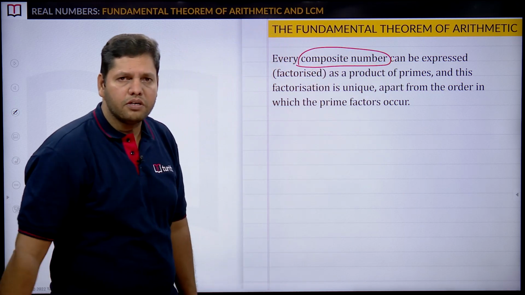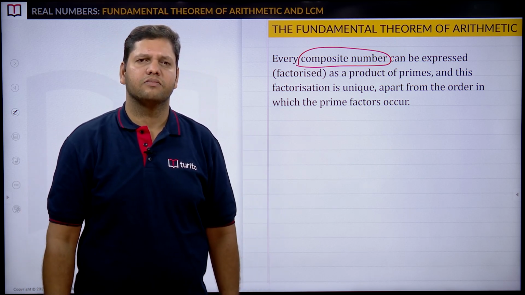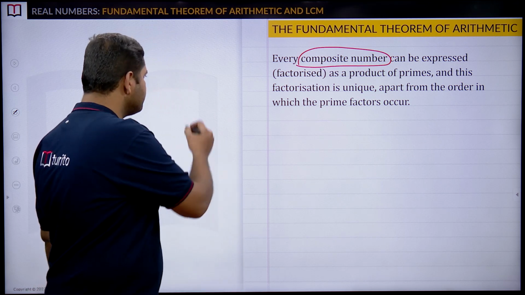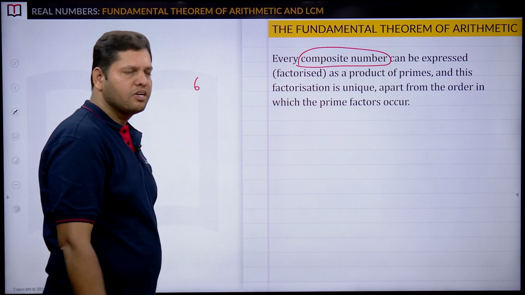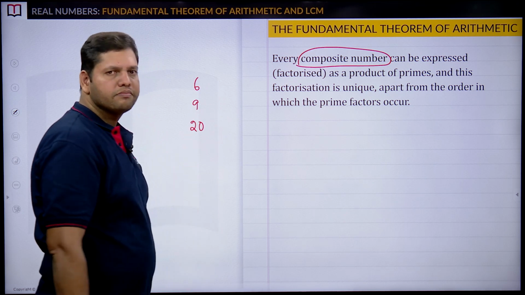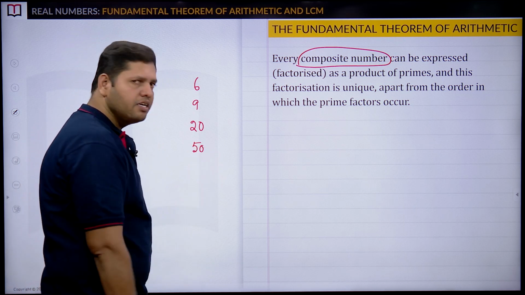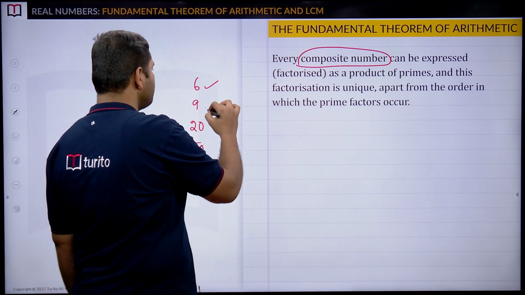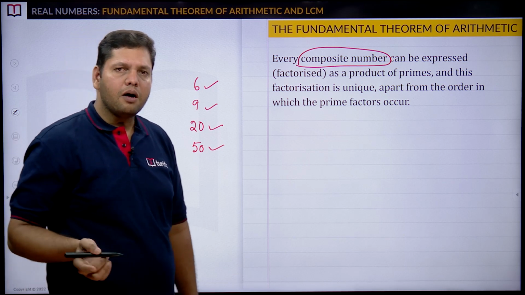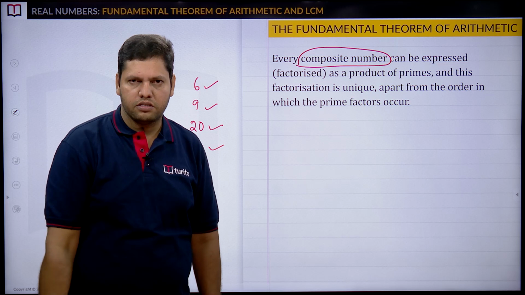Children, what is a composite number? How can we define a composite number? Can I say 6 is a composite number? Can I say 9 is a composite number? Can I say 20 is a composite number? And can I say 50 is a composite number? Tell me, children. Yes. These are all examples of a composite number. Generally, a composite number means a number that has more than two factors.